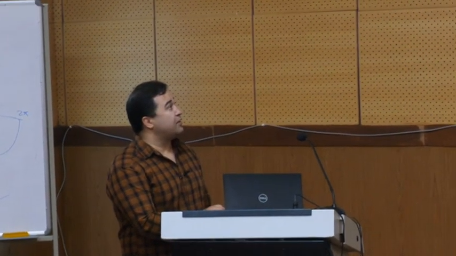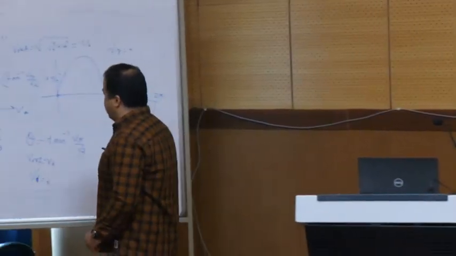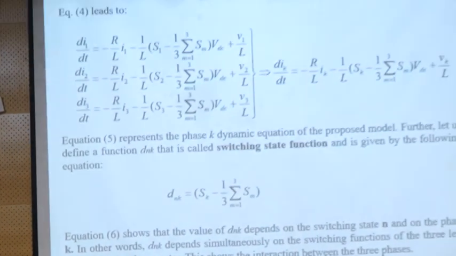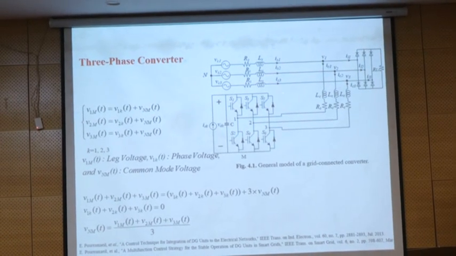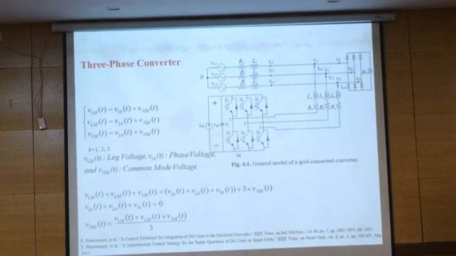In the very first equation, 1 by L bracket S1. So what are we supposed to take? No, S1 is the switch. When we say S1, assuming in this model we consider S1, if this is on, what is the value of this? 0, okay?